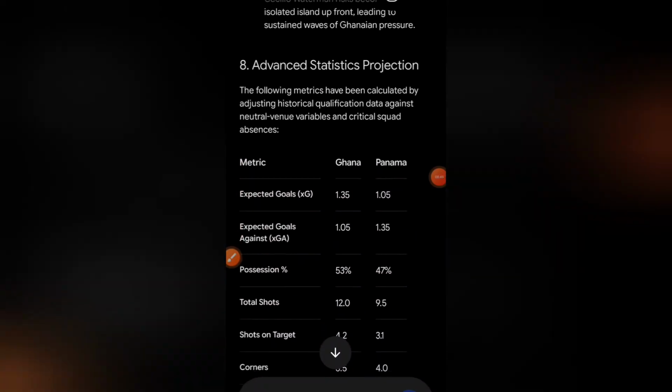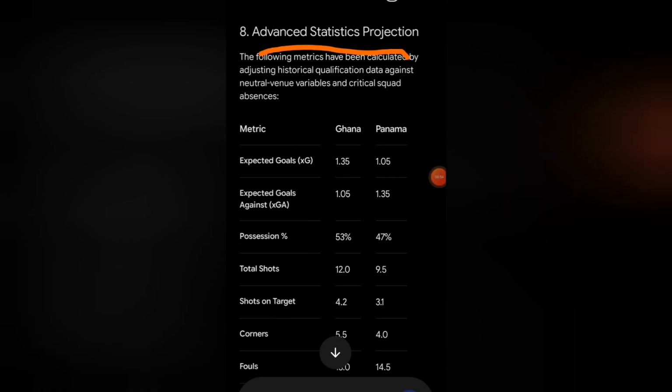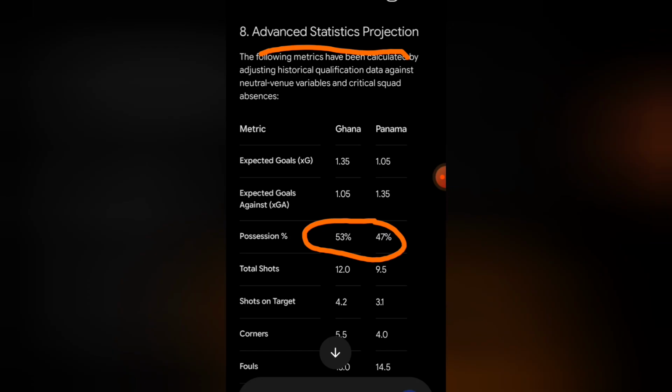Now in the advanced statistics projection, the possession we are expecting in this match is weighted more on the Ghanaian side, but the possession base is still a little balanced.